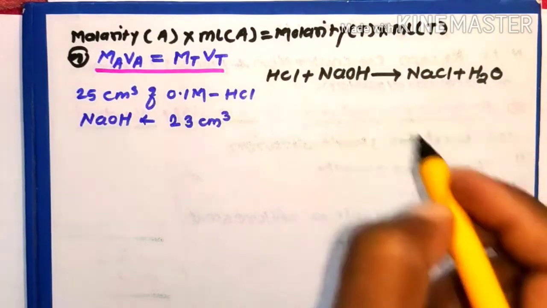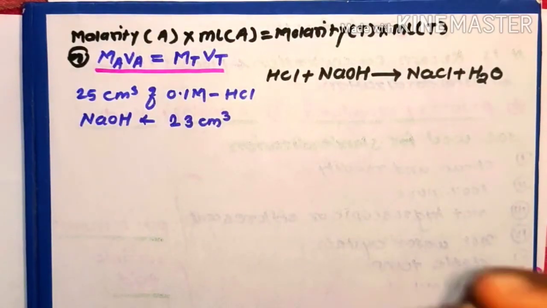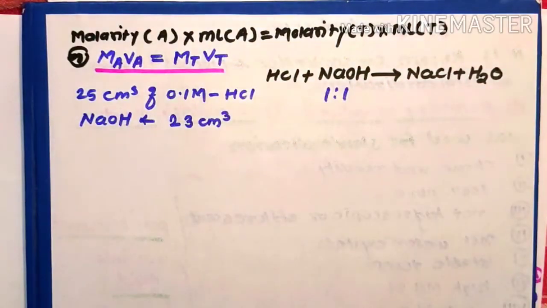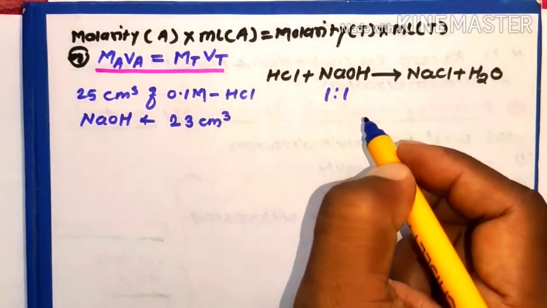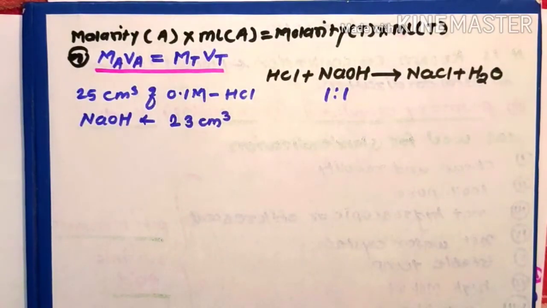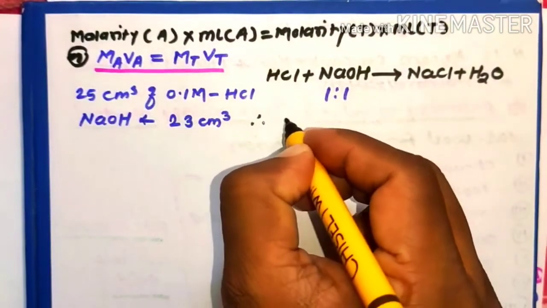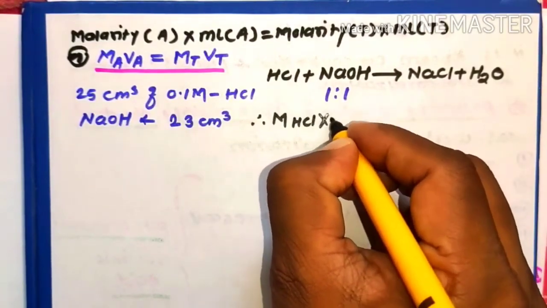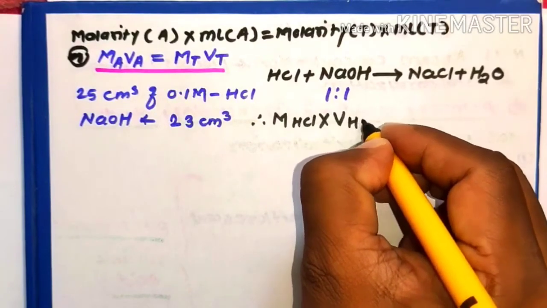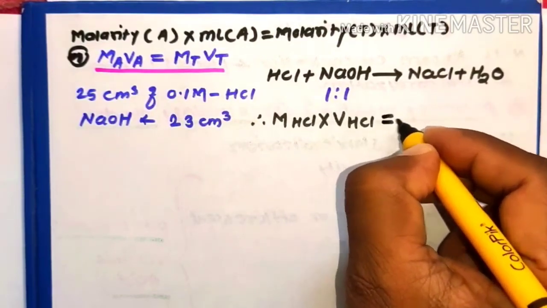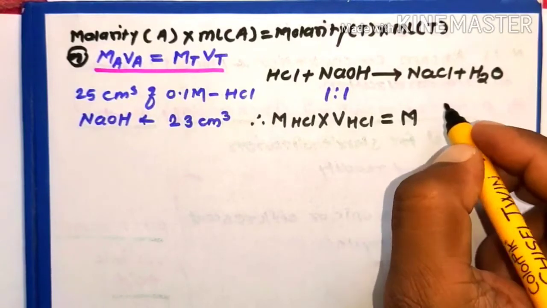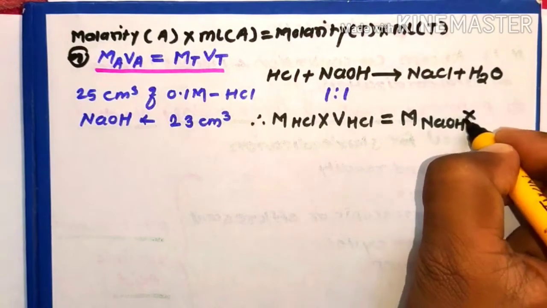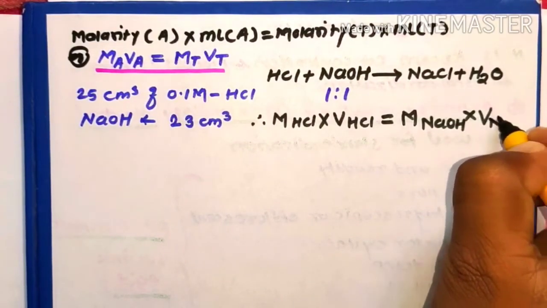Therefore, this is a 1:1 stoichiometric reaction. Therefore, the molarity of HCl into the volume of HCl is equal to the molarity of the titrant NaOH into the volume of NaOH.